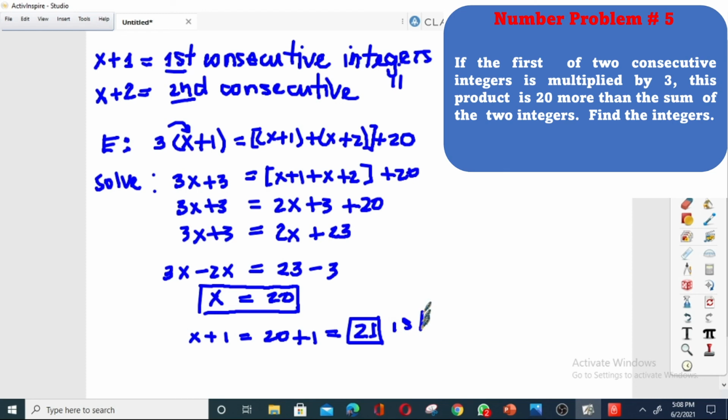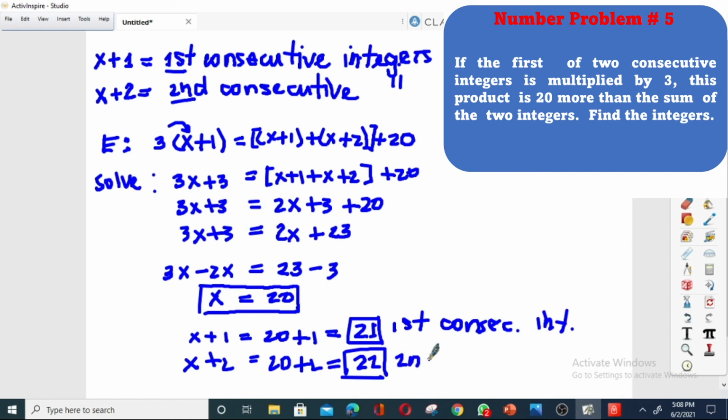So this is the first consecutive integer. And then x plus 2, 20 plus 2 is equal to 22. This will be the second consecutive integer. So the answers are 21 and 22.